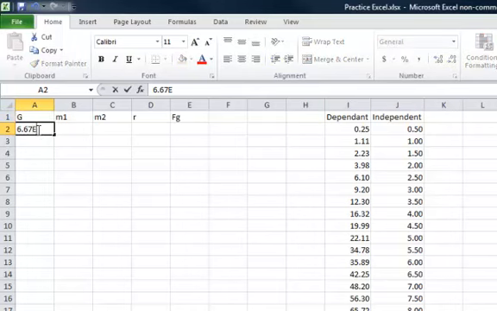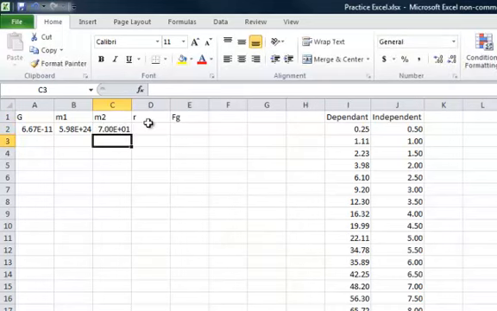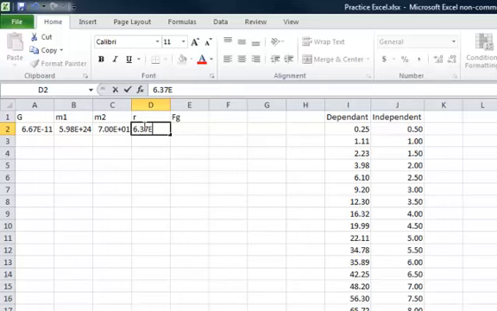I use just a capital E because that's what Excel uses to distinguish times 10, and that's going to be to the negative 11. The mass 1 here, I just have as the mass of the Earth, so that's 5.98 e to the 24th. Mass 2 is going to be the mass of the person. That's 70. The first r that we used was the radius of the Earth, or 6.37 e to the 6th.